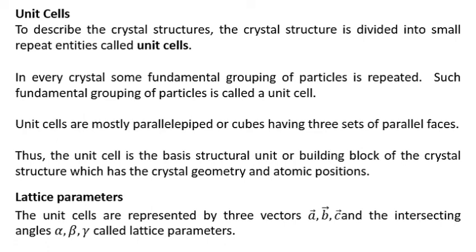Then what are lattice parameters? The unit cells are represented by 3 vectors a, b, c, that is the x direction, y direction, z direction. Then there are the intersecting angles alpha, beta and gamma.